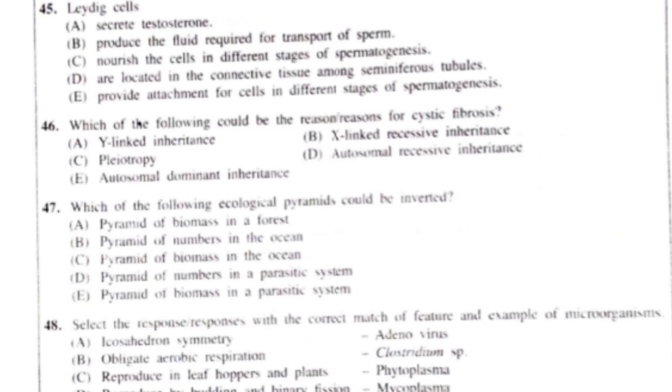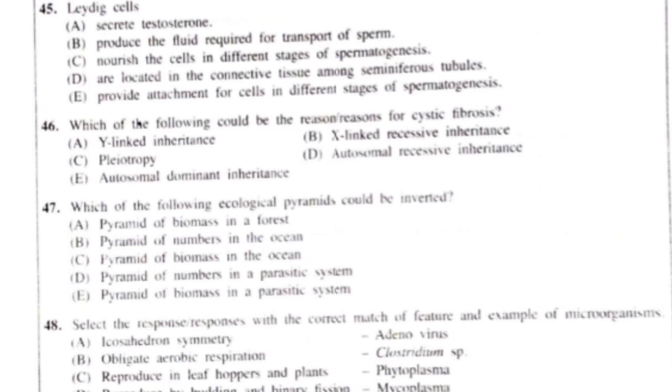Question number 47 is about ecological pyramids. Mainly there are 3 types: energy pyramids, number pyramids, and biomass pyramids. Energy pyramids are always upwards, they are never inverted. Number pyramids can be upwards or inverted as well. Inverted number pyramids are found in parasitic food chains.